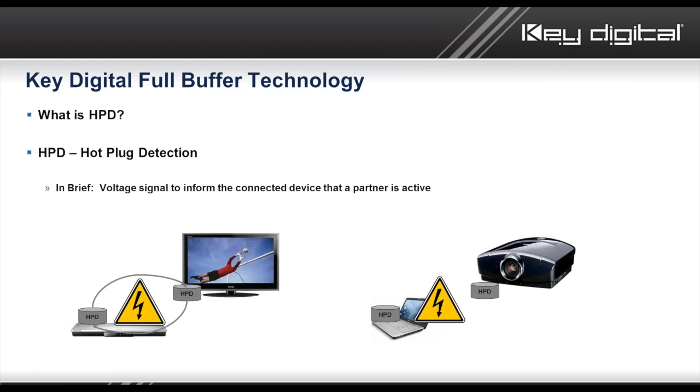And we do this because some sources, if they don't receive hot plug detection, some displays, if they don't receive voltage, won't output a signal or won't even show you a signal. You'll get that message on the television which says, no signal detected. So we allow you to force that hot plug detection with this feature that we will show you.